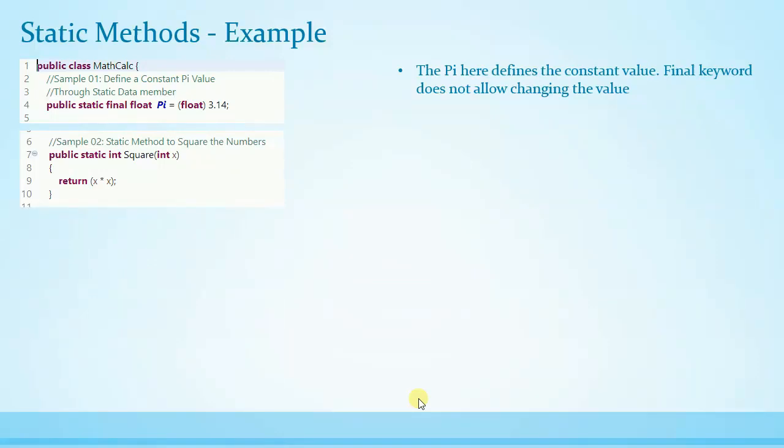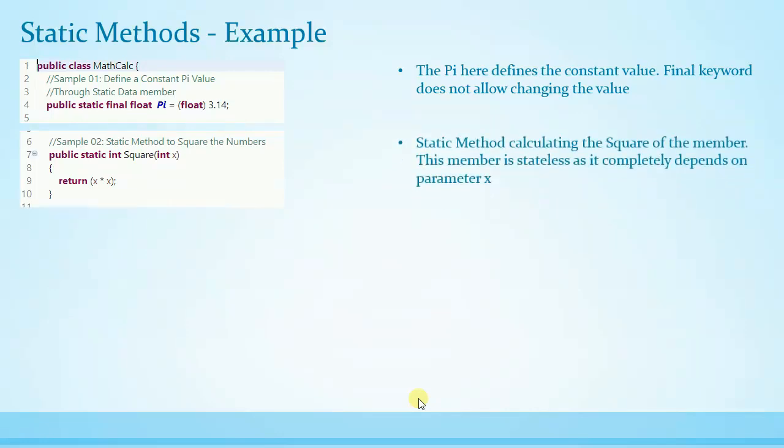Next, inside the math class, we are defining a function called square. This method calculates the square of the number. The method is stateless and completely depends on the parameter x. It does not depend on the state of the math calc. Depending on state means if the method square accessed any non-static data member, then we could say square is stateful.